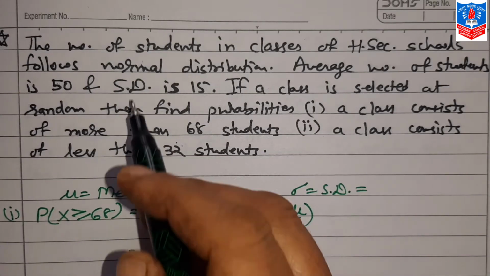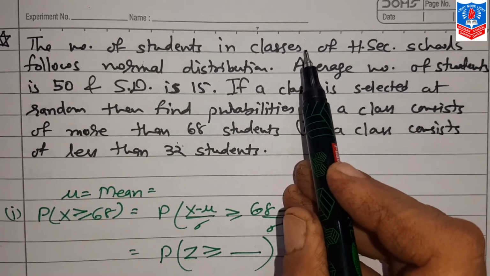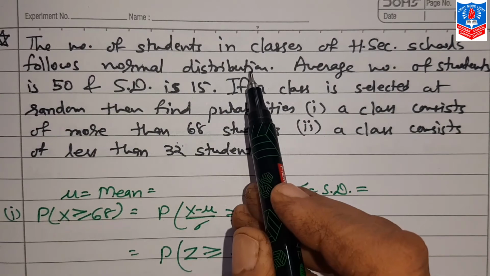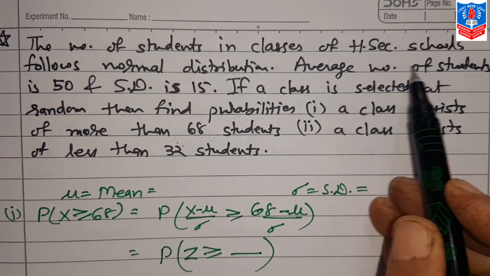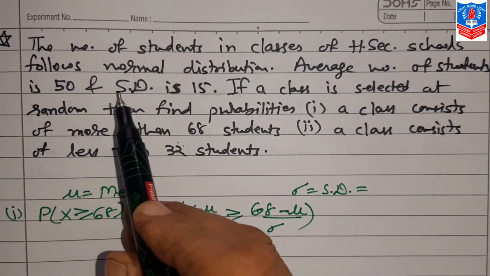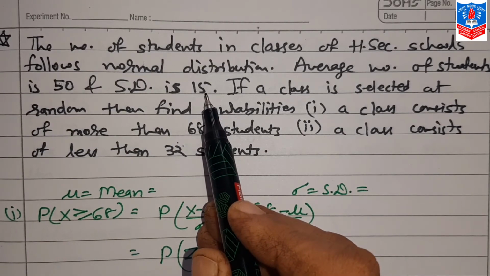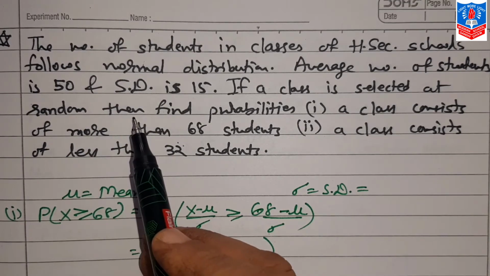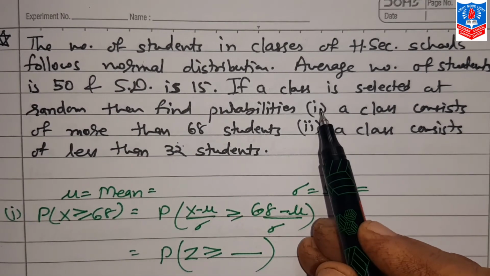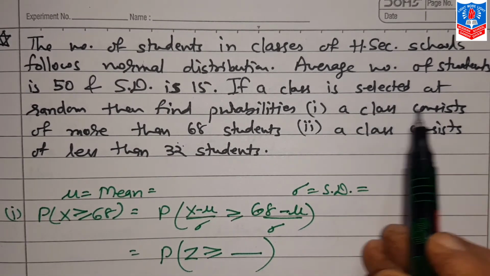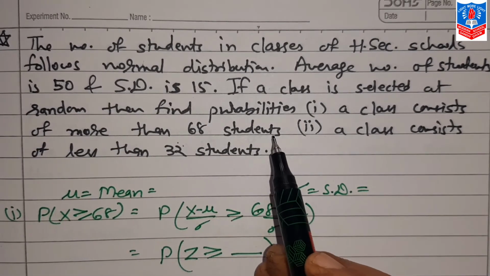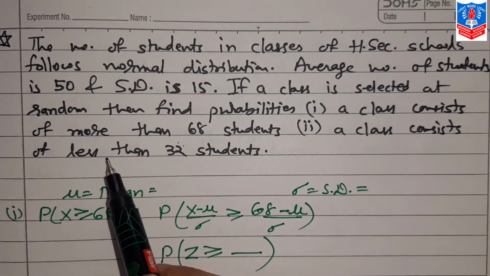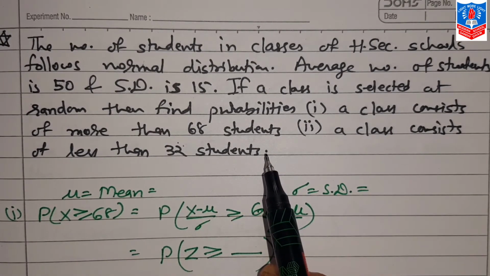Second question: the number of students in higher secondary schools follows a normal distribution. Average number of students is 50 and SD is 15. If a class is selected at random, then find the probabilities. Number 1, a class consists of more than 68 students, and second, a class consists of less than 32 students.